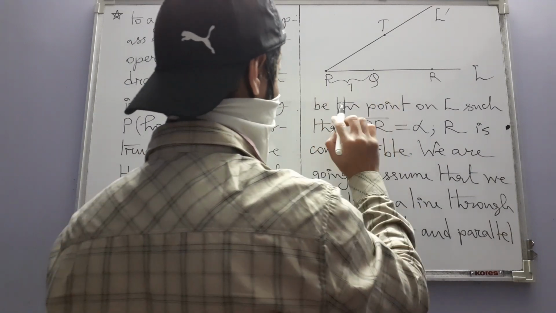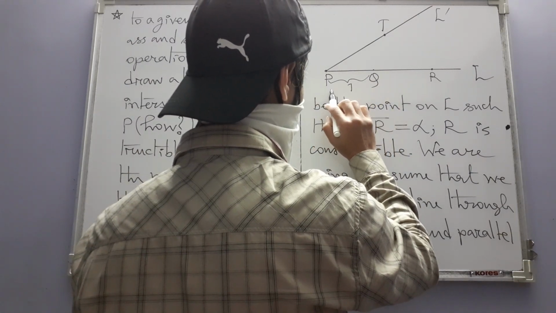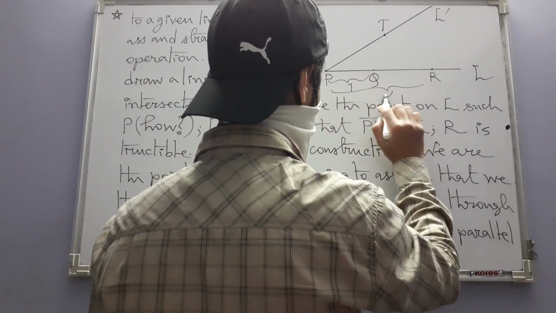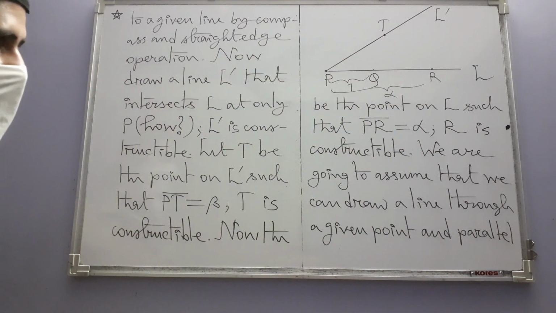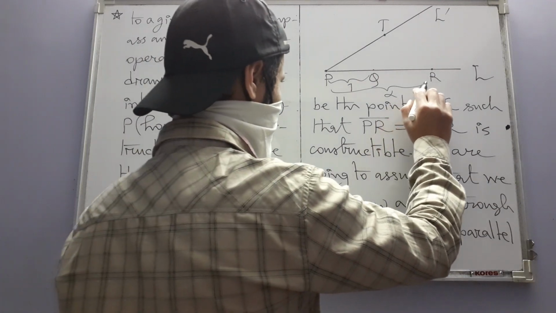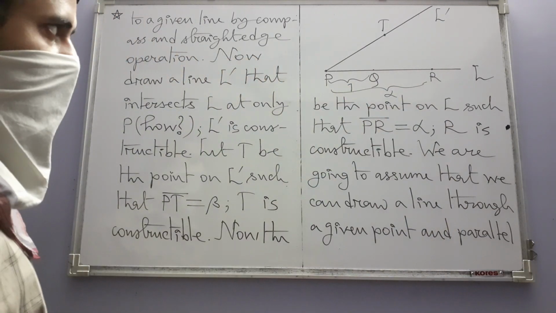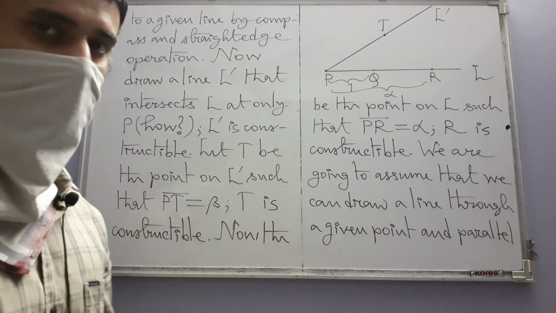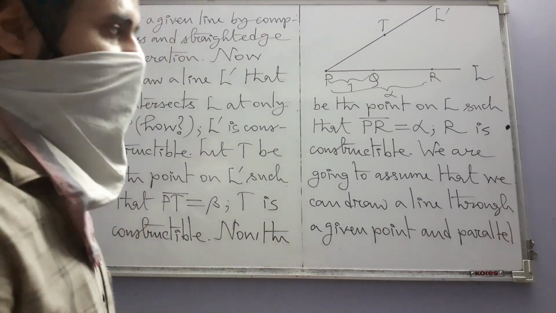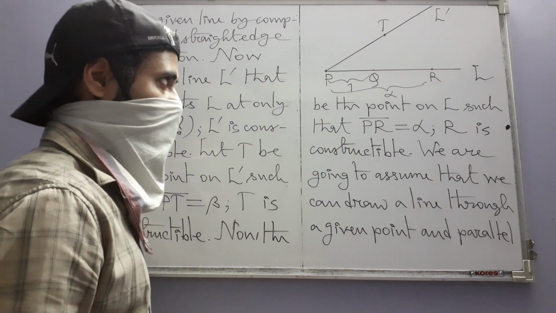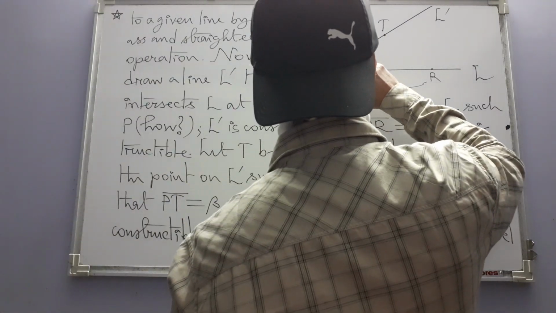This much is 1 and this much is alpha. And why does R lie on the right side of Q? That is because alpha has been chosen to be greater than 1, and this much is beta.